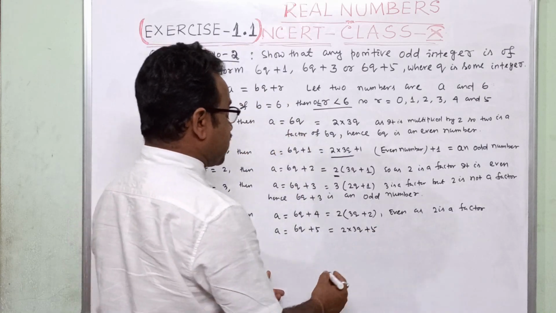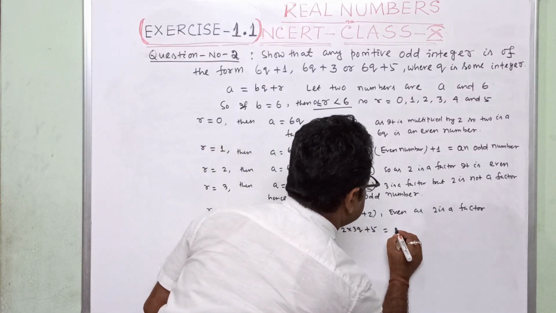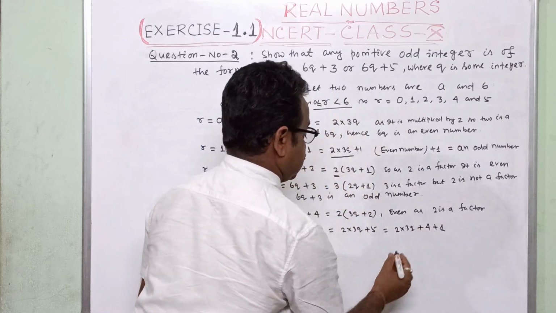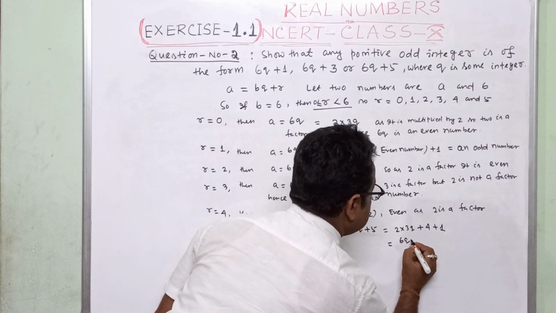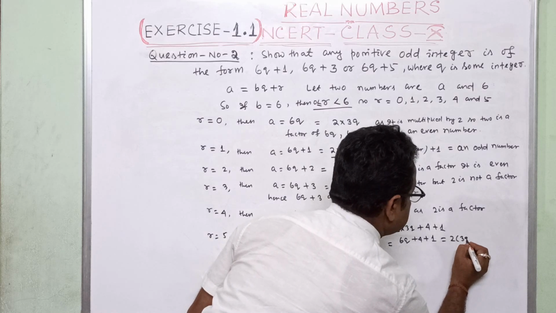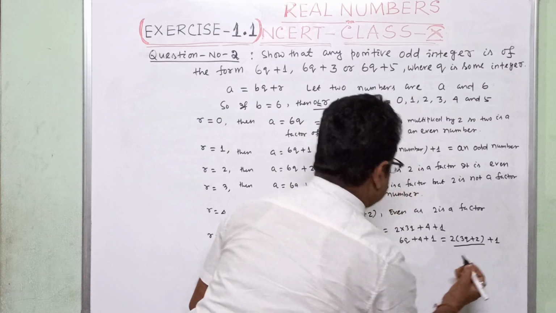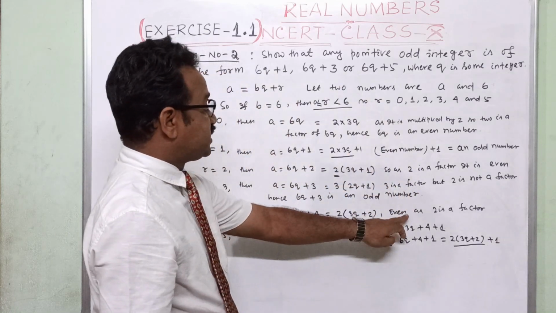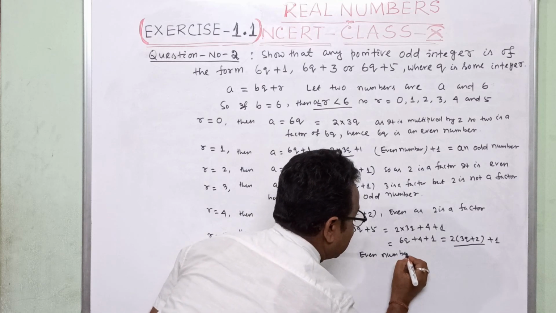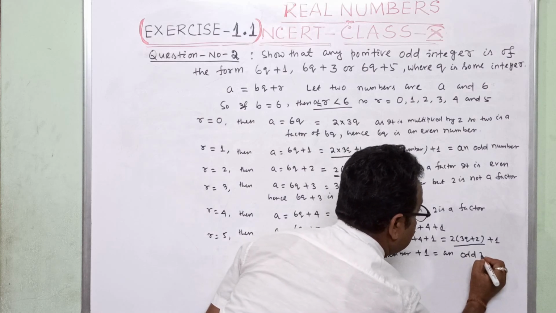Or we can write it as 2 into 3 cube plus 4 plus 1, which is 6 cube plus 4 plus 1, which is 2 into 3 cube plus 2 plus 1. This 2 into 3 cube plus 2 is even, so an even number plus 1 is equal to an odd number.